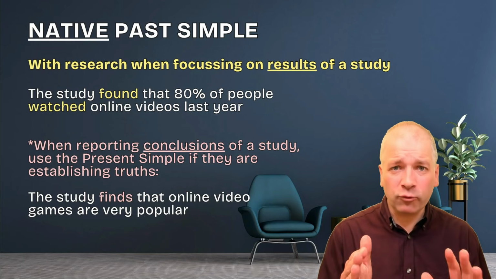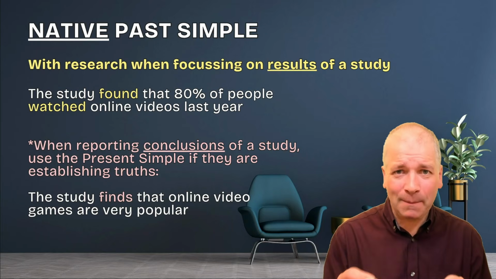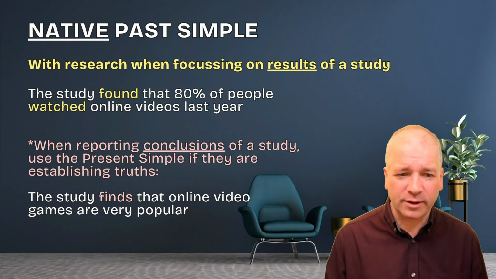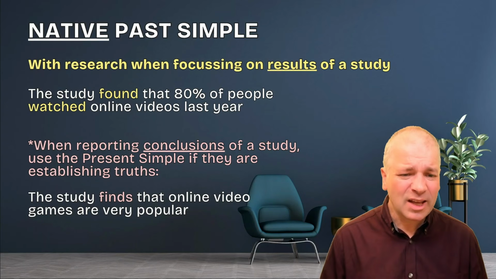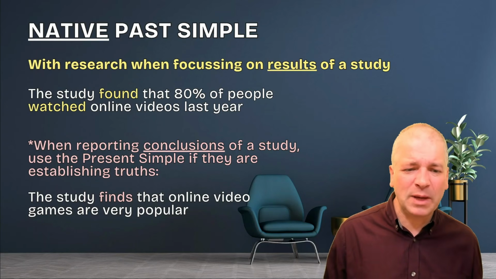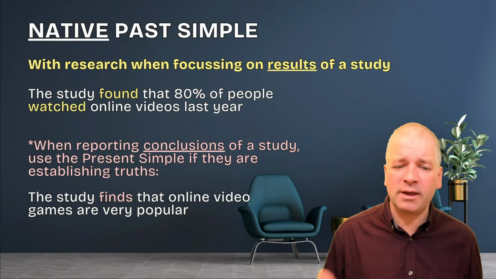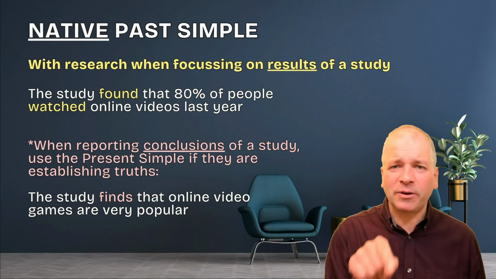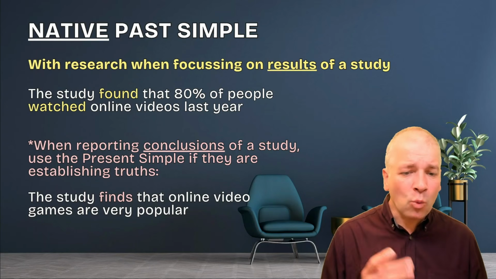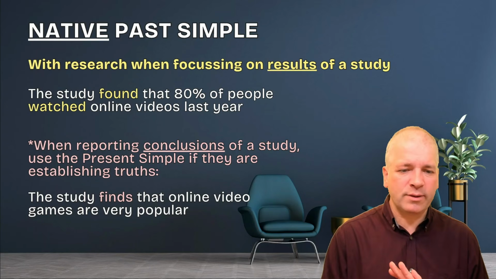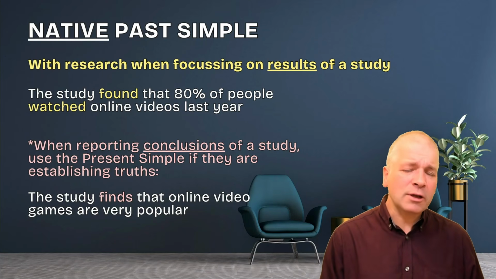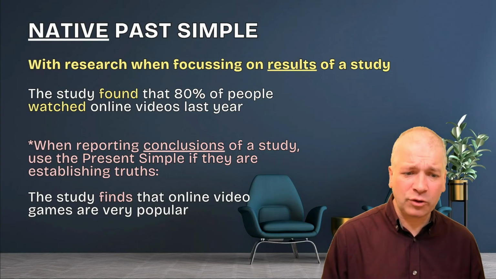When you're reporting research, there's this really important distinction. With research, when focusing on results of a study, use the past simple. The study found that 80% of people watched online videos last year. This is what was discovered by the research at that particular time. But when reporting conclusions of a study, use the present simple instead, if these conclusions are establishing truths.